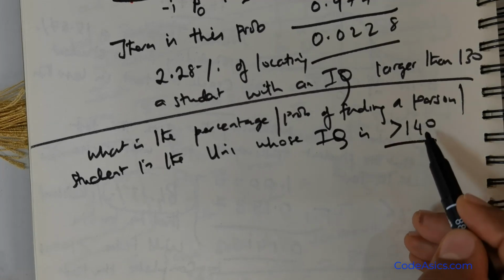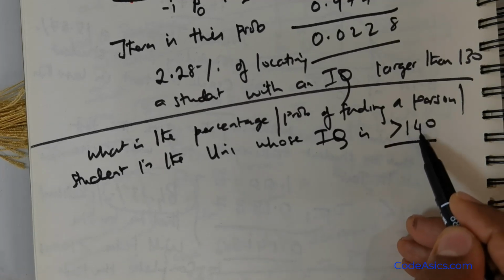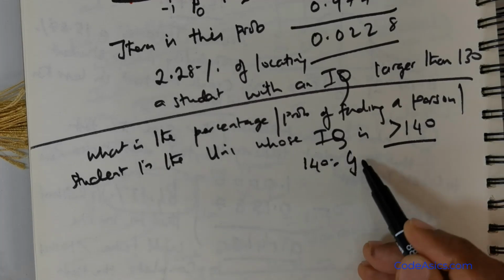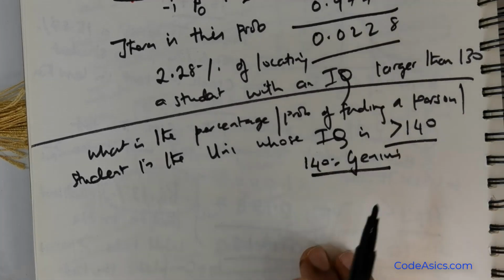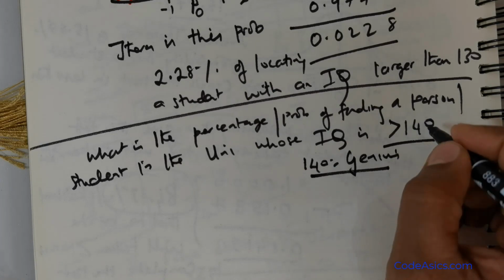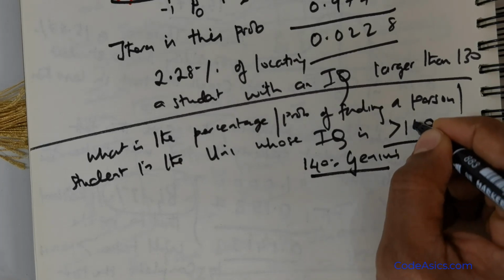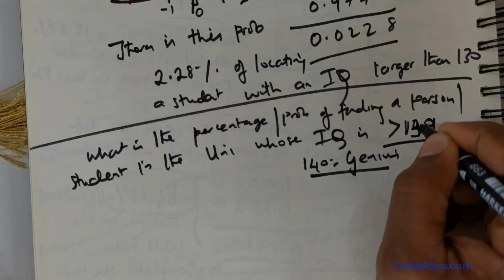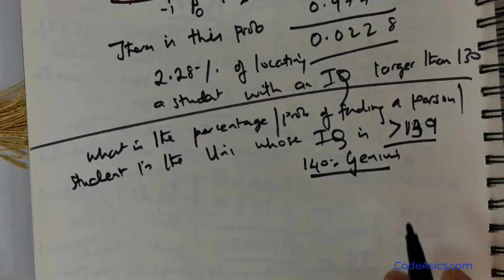Okay, now it is imperative to understand that IQ of 140 is considered as genius. If someone is having an IQ of 140, the person is considered as genius. So we will actually look for a value of 139. No, let us have it as 139, right? So that would be a much more valid question.